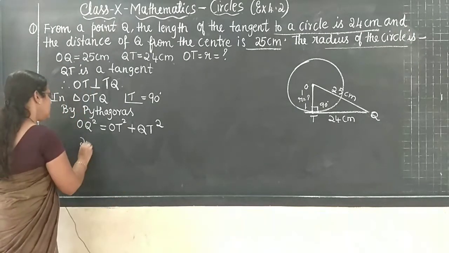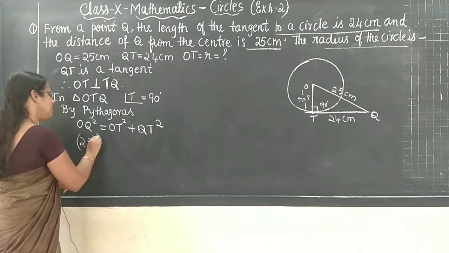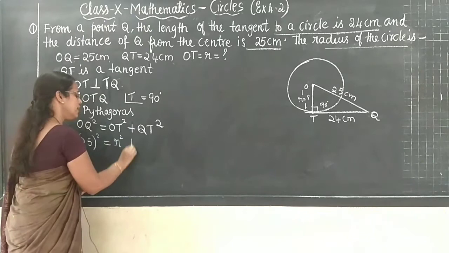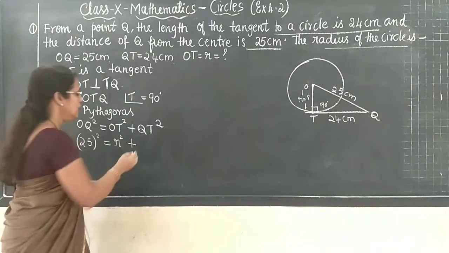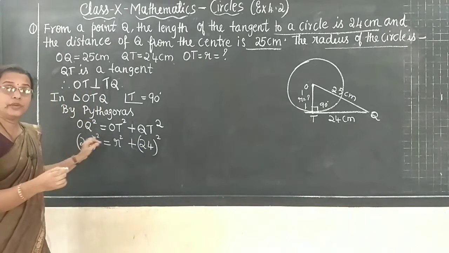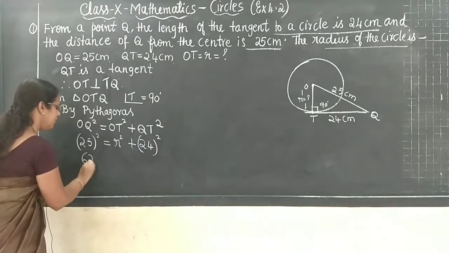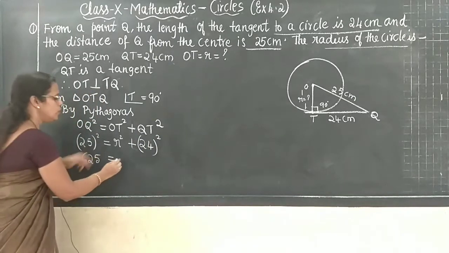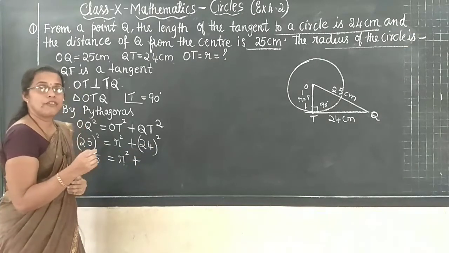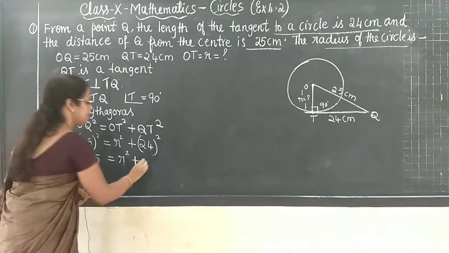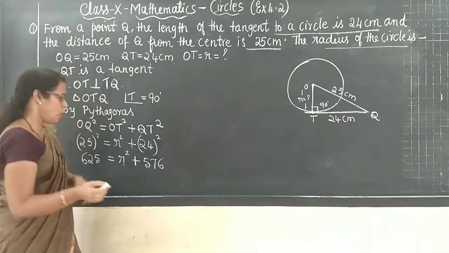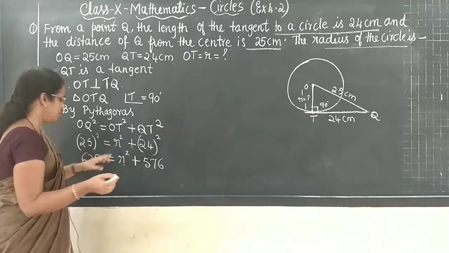OQ is 25. 25 whole square is equal to OT, the radius, which I don't know, square, plus QT, 24 square. 25 square is 625 is equal to r square plus 24 square is 576. Yes, children, you have to learn the square numbers properly.